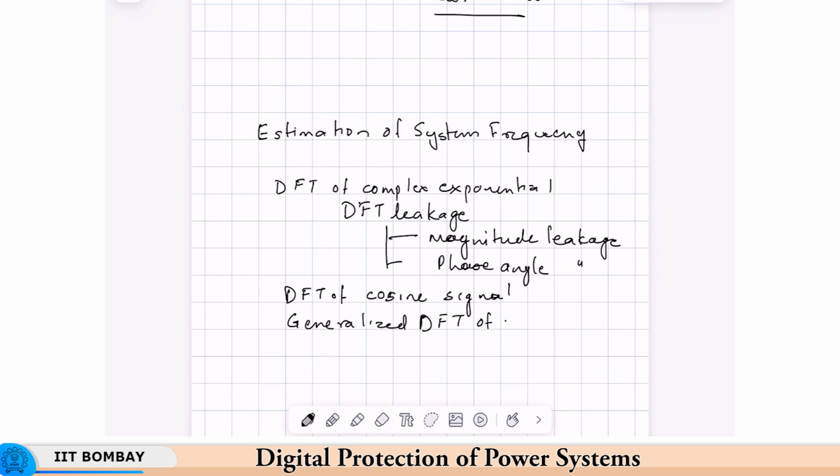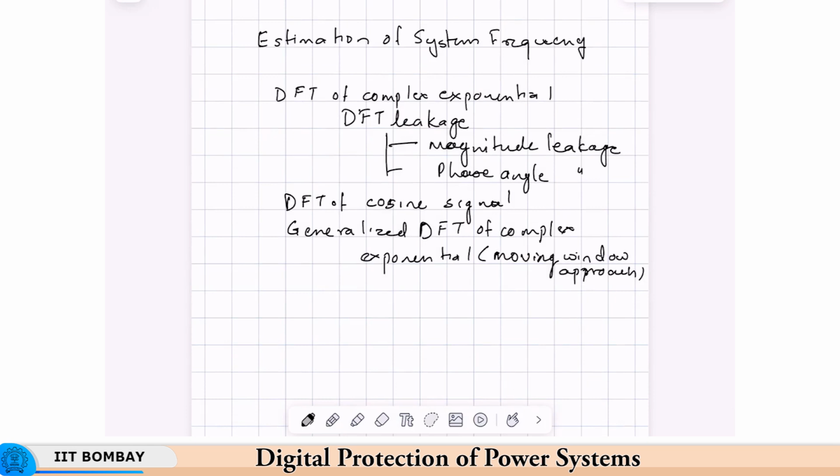So, generalized DFT of complex exponential. This is the moving window approach, similar to what we did in the earlier DFT computation. We first developed the theory and then went into the moving window approach. Then generalized DFT or moving window form of DFT of cosine signal.